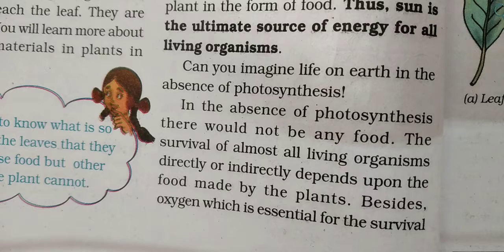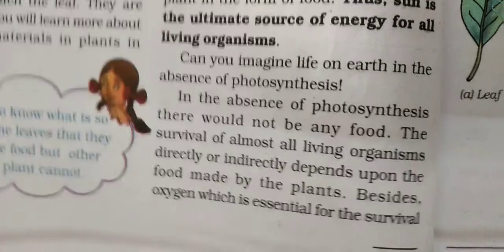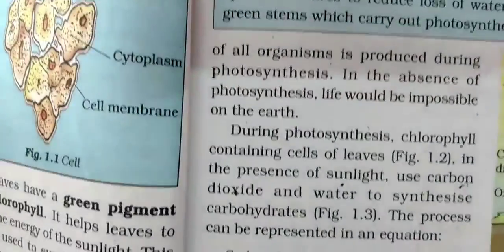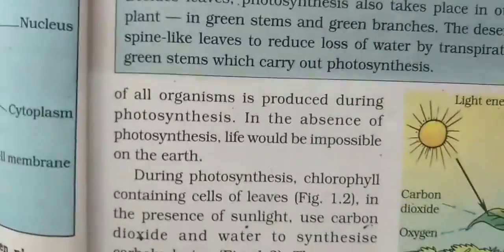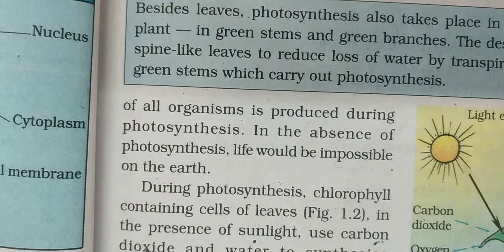Not only this, during photosynthesis, plants produce oxygen. As I had explained to you earlier, another essential thing for the survival of all living organisms, which is oxygen, is produced during photosynthesis.